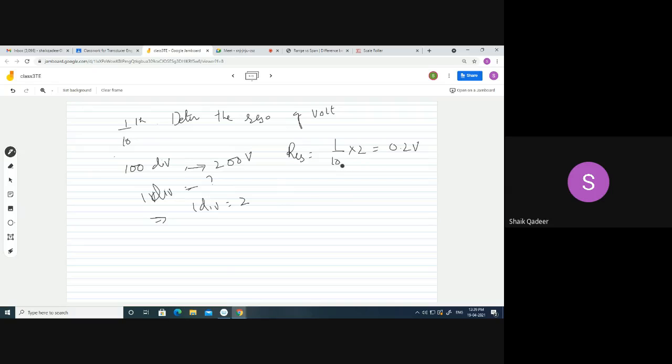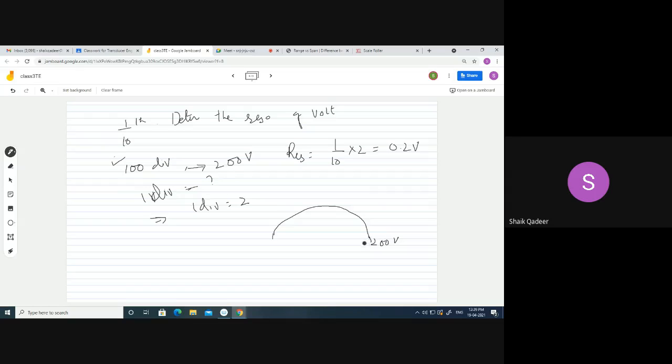If we understand the definition, we can very easily solve the problem. It mentioned that there are 100 divisions and the maximum value mark is 200 volts. The instrument is like this. There are 100 divisions. The maximum mark is 200 volts.